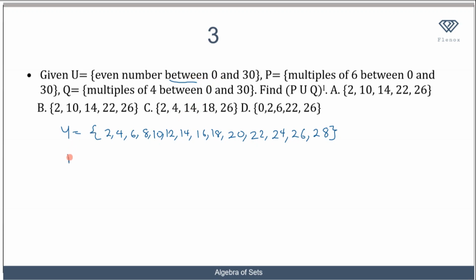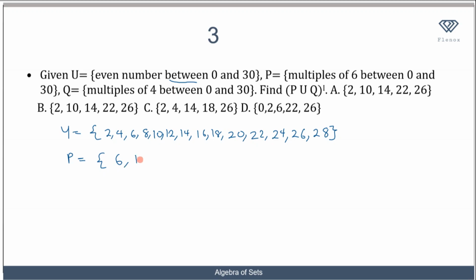We are told that P are the multiples of 6 between 0 and 30. So what are multiples of 6? Multiples of 6 are just numbers that can be divided by 6. So you start out, the first multiple of 6 is going to be 6.